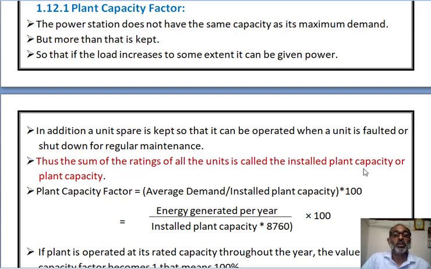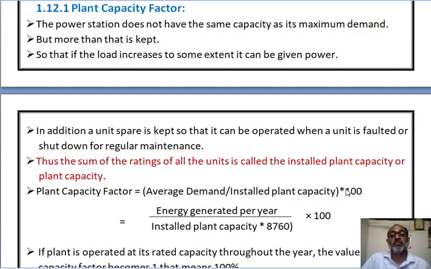So whatever units are erected or installed, the sum of all their ratings is called installed plant capacity. We can also write the plant capacity factor. It is the ratio between average demand and the installed plant capacity, and it is always represented in terms of percentage.